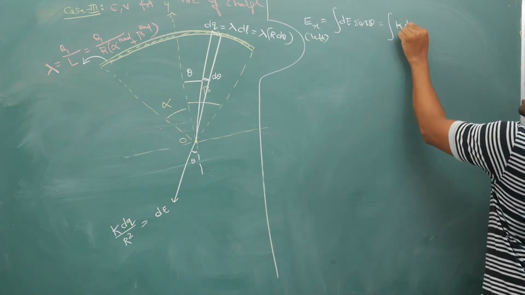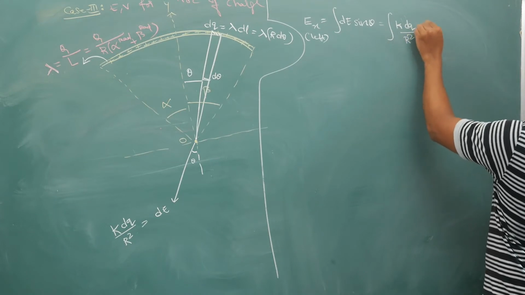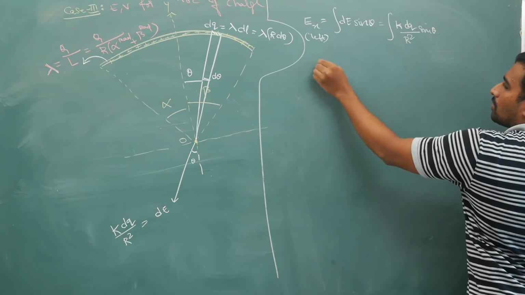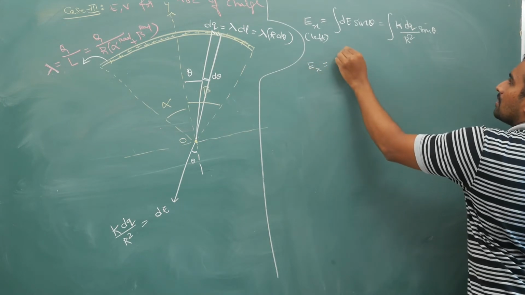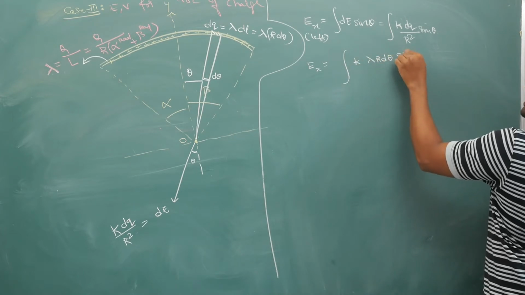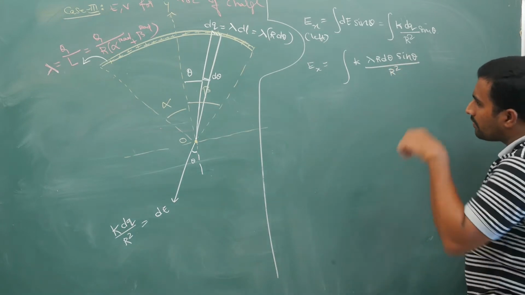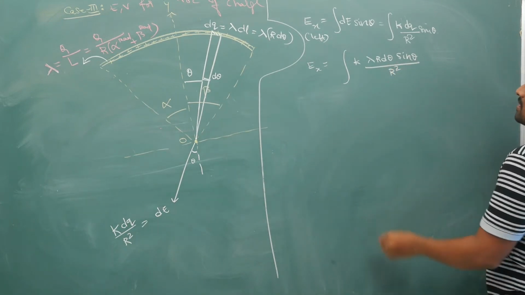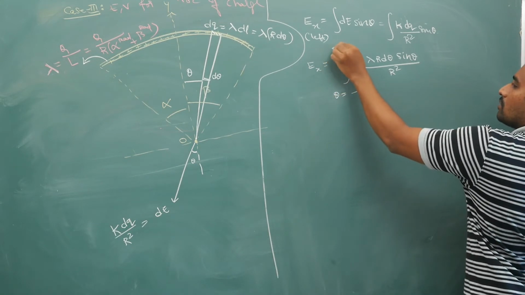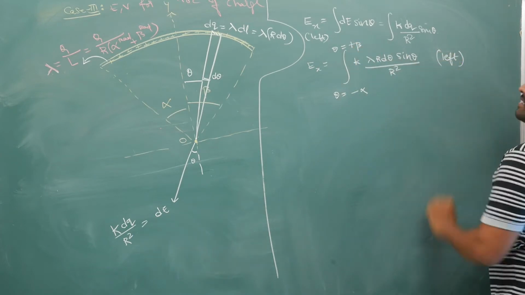So dE is k times dq by capital R square times sin theta, but what is dq? It means lambda r d theta. So your Ex is integral of k times dq, which is lambda r d theta, into sin theta by r square, where your limits are from theta equal to minus alpha to theta equal to plus beta, and here the direction is towards left.